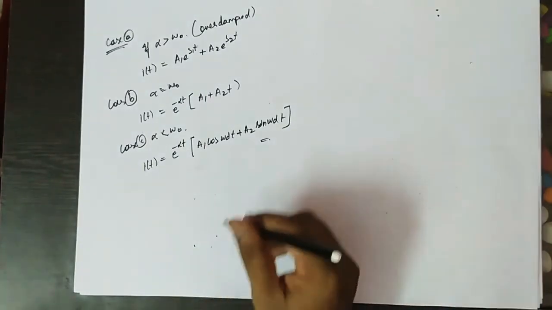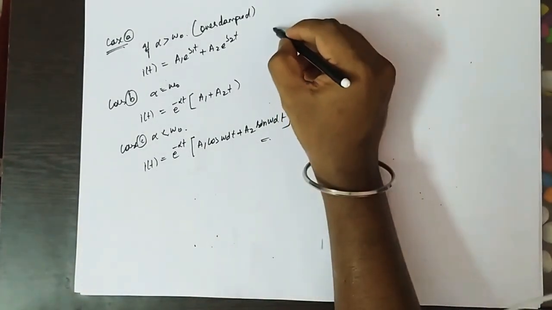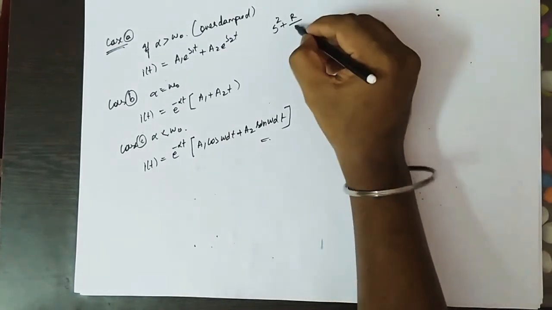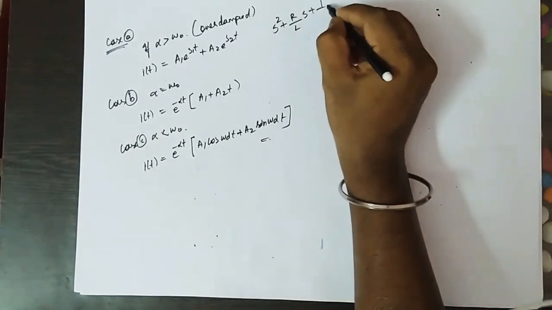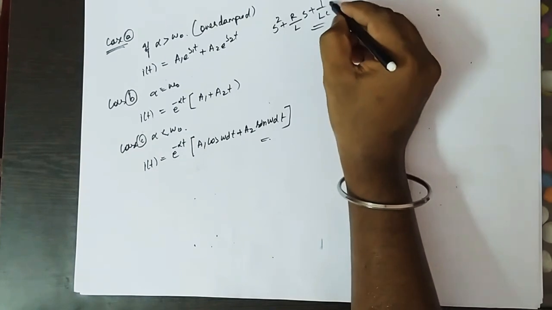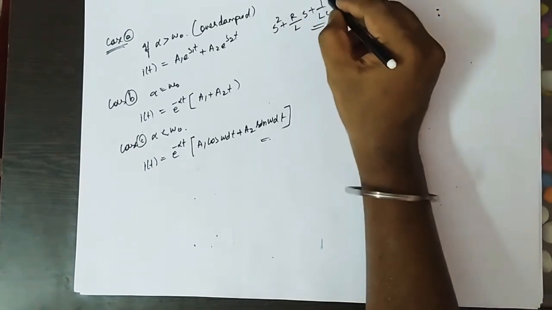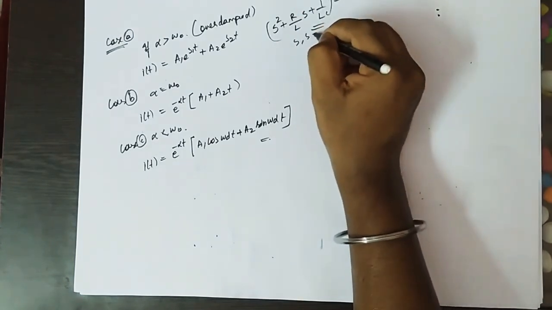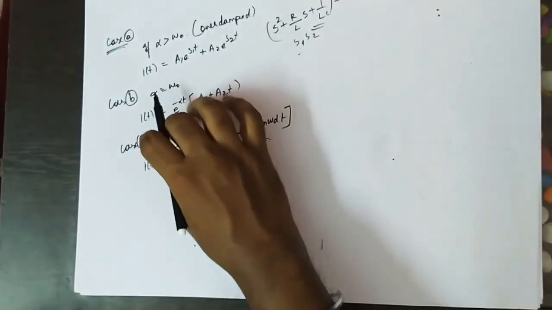Okay, this is all based only on the roots of s squared plus R by L s plus 1 by LC. So based on the roots s1 and s2 of this equation only, you got these cases.